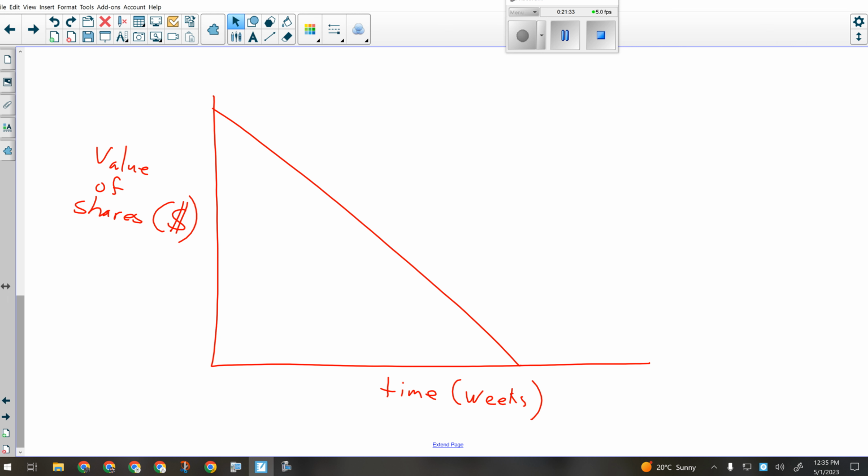Should you buy those shares? Why not? They're tanking, exactly. Okay, that means we can interpret a graph, that's good. I don't want to buy those shares, they're going to be worth nothing in a certain amount of time. What would the slope of that line represent then?